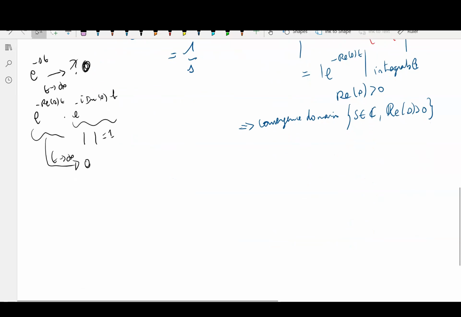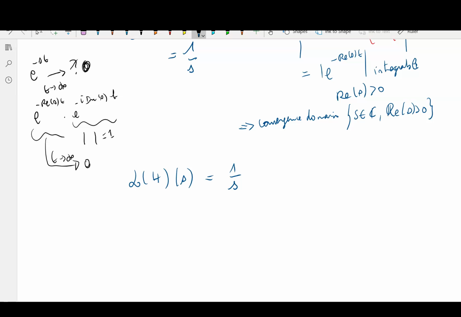Okay, so that's our first result. The Laplace transform of the Heaviside unit step function is 1 over s. And out of that one, we're going to see a lot of properties that are going to help us build the Laplace transforms for many other functions.